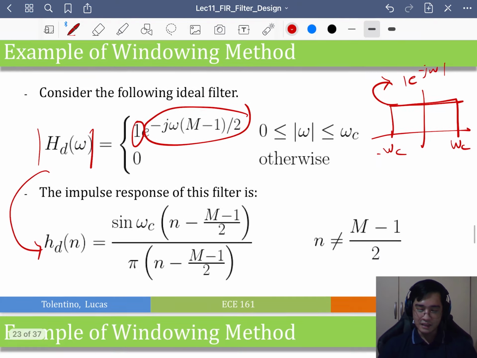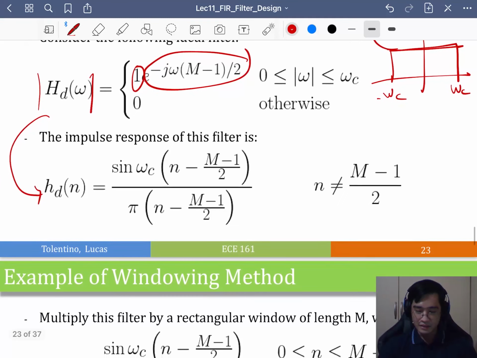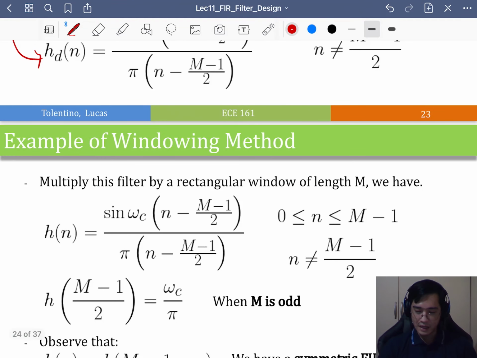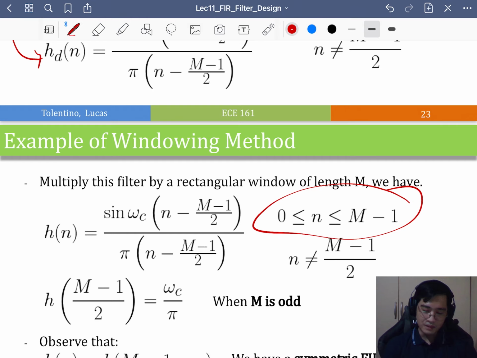And again, this is infinite in duration in general, therefore we truncate it by a filter of length m. Therefore, we have this function already. We have this equation from 0 to m minus 1. We truncated it by m samples.